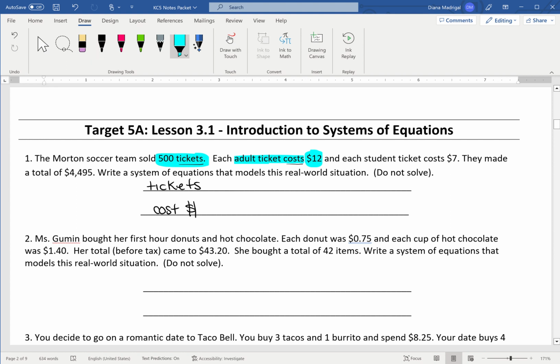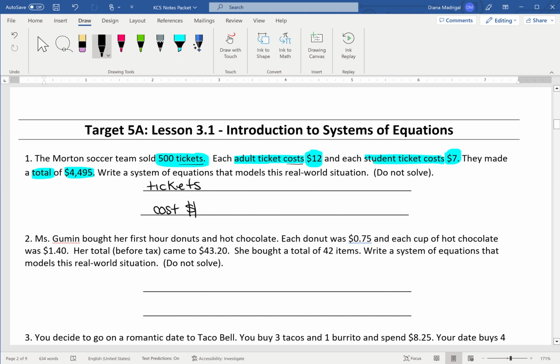Each adult ticket costs $12 and each student ticket costs $7. They made a total of $4,495. Write a system of equations that models this real world situation.